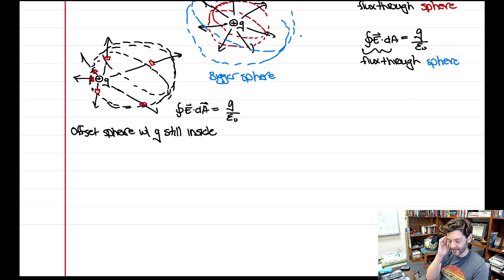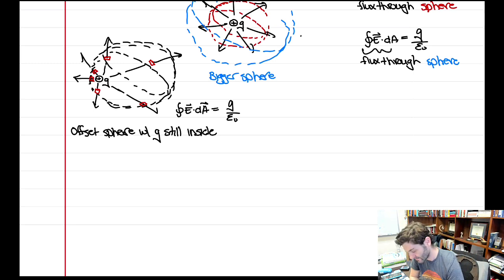I know that the flux through this offset sphere must be exactly the same as the other two examples, the blue and the red sphere. Through every little rectangular patch it is not the same, but they all must add up to the exact same thing.